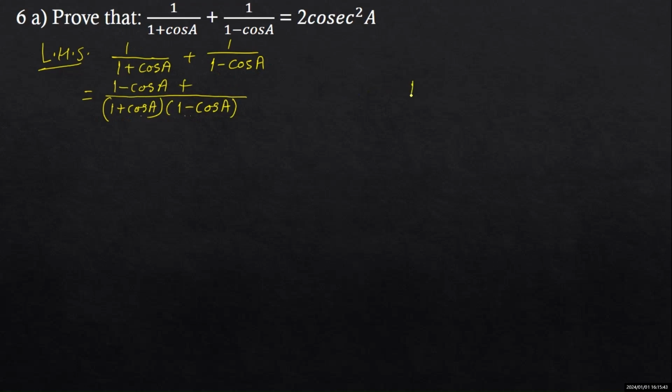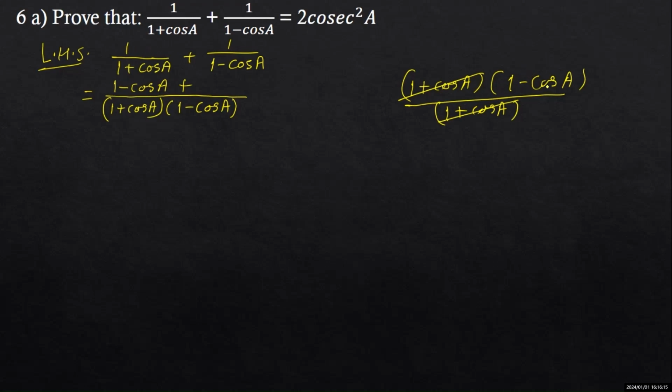We have to divide 1 plus cos A into 1 minus cos A by the first denominator, 1 plus cos A, where 1 plus cos A and 1 plus cos A will be cancelled. It will remain 1 minus cos A, and we should multiply this quotient and 1.